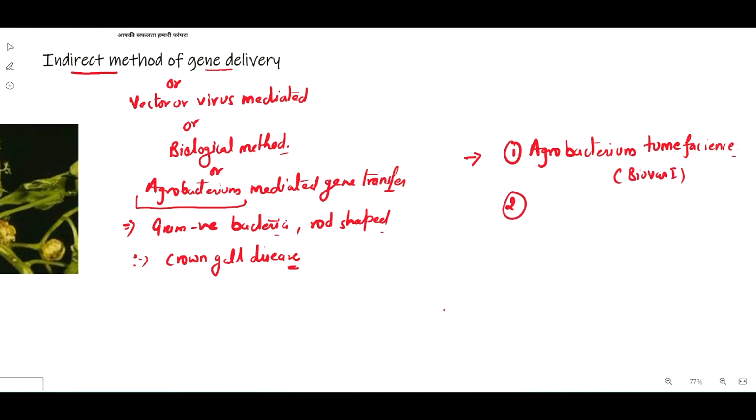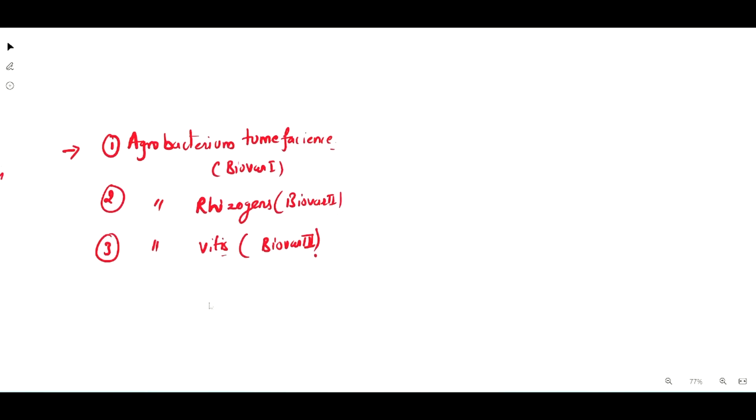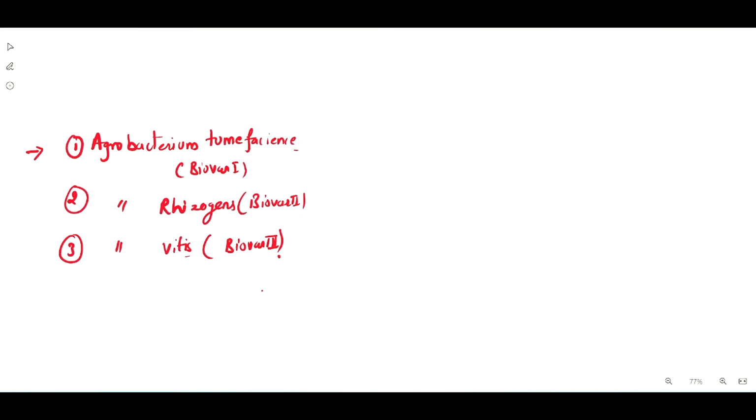Second is Agrobacterium rhizogenes, called biovar 2. And third is Agrobacterium vitis, called biovar 3. They have specific specificity, due to which they are used for gene transfer.